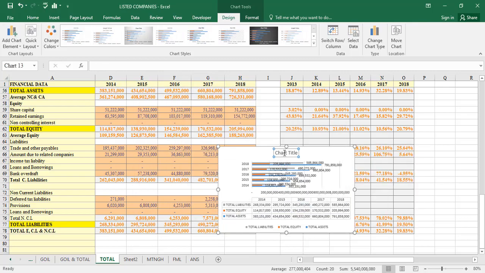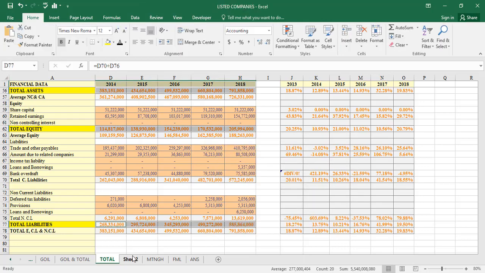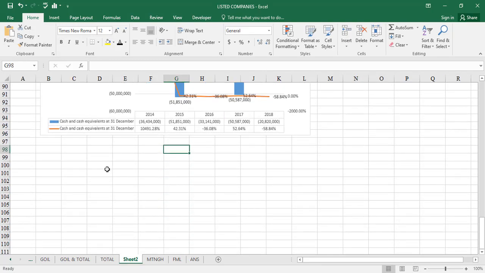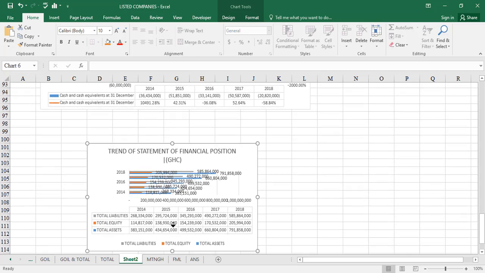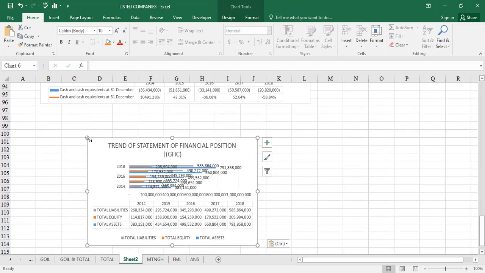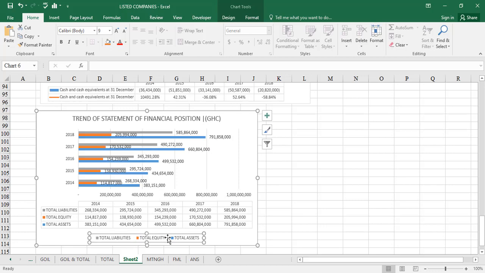Let's rename it as the trend of statement of financial position in Ghana cedis. So this represents the trend of the company's balance sheet, that is their assets, liabilities, and then equity.